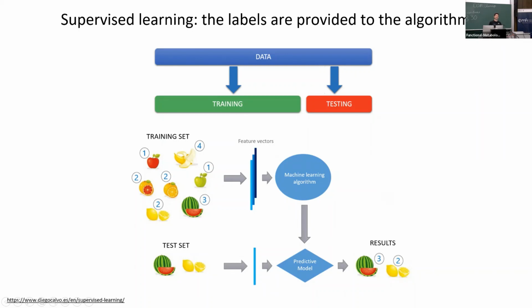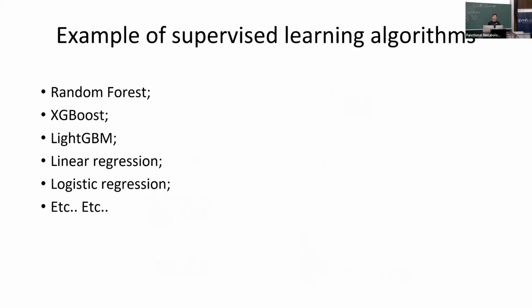This is a very general picture, of course. There are many more complicated ways of doing this. These are just some examples, like random forest, probably the most commonly used in metabolomics, I think, together with some others. Linear regression, logistic regression, boosting models, and so on.